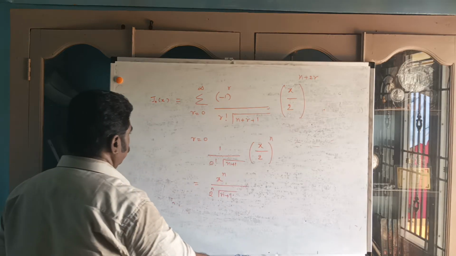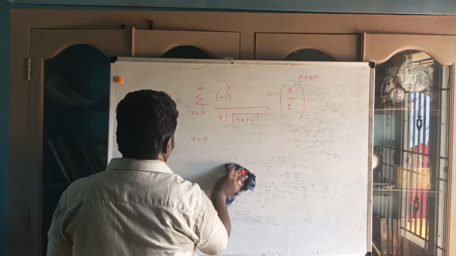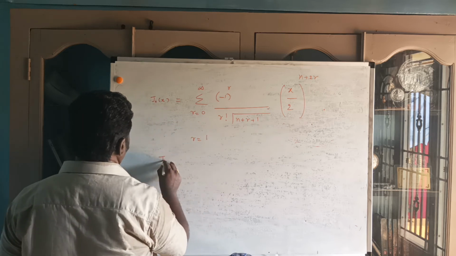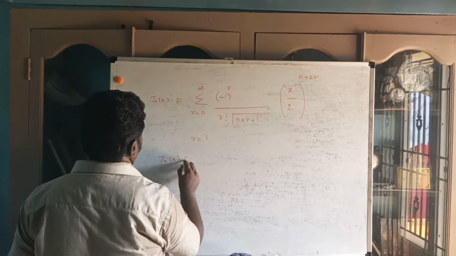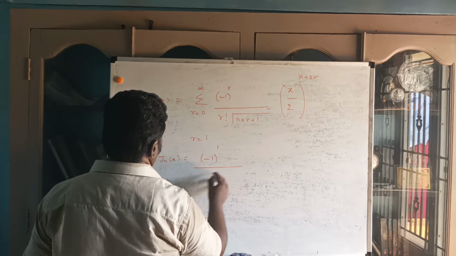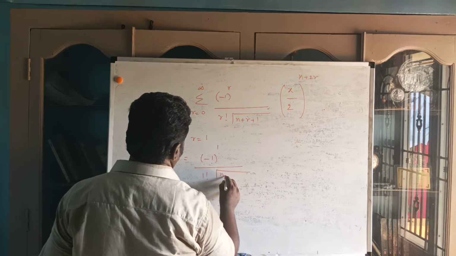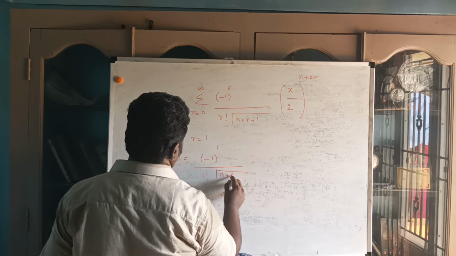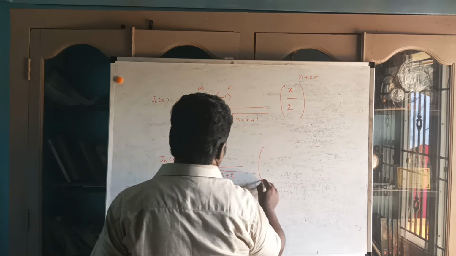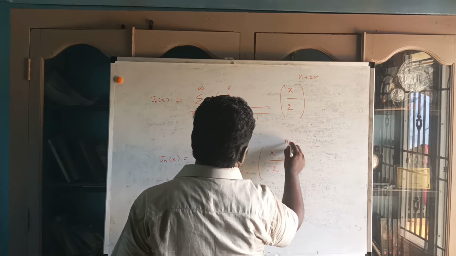Then if you put r equal to 1, then the value of Jn of x is equal to minus 1 power 1 divided by 1 factorial into gamma of n plus 2, because n plus 1 plus 1 is n plus 2, into x by 2 whole power n plus 2.